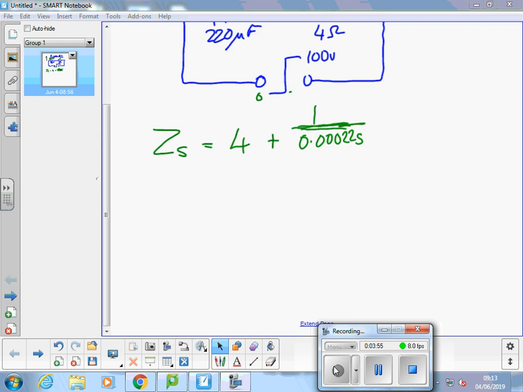So we could say, well, first of all, I is V over Z, in the time domain, isn't it? And Vs, how do we write from the Laplace transform table, how do we write step voltage? 100 over S. Yeah.